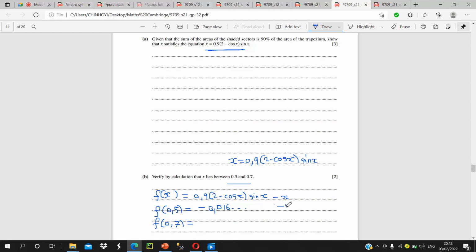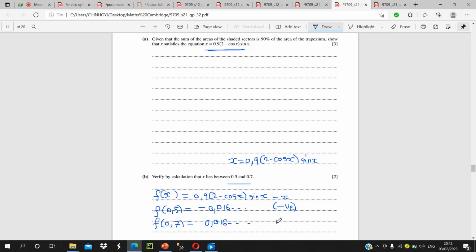Then minus, so this one is negative, right? Yes. Then substitute 0.7. 0.016. So it's now positive, right?